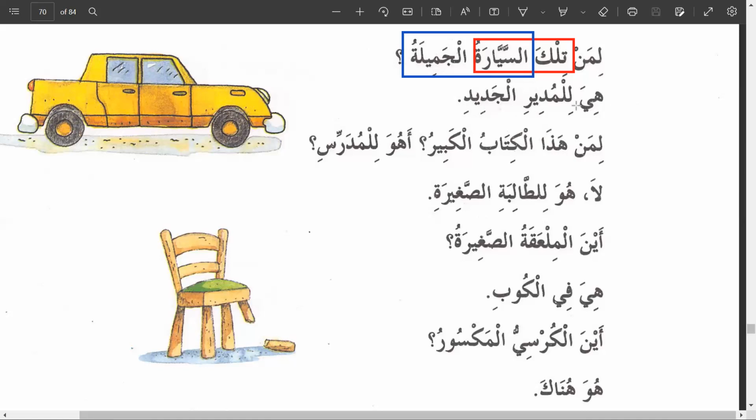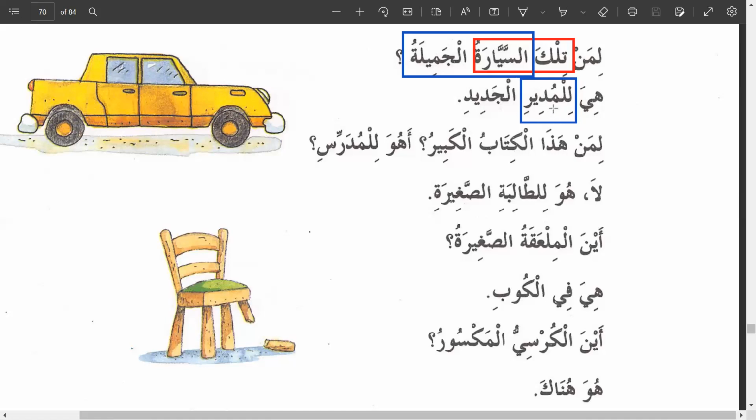Yeah, but what about this li? What was the question? Liman, for whom? So the answer would be? Oh, it's harf jar. Yes, li is harf jar. Lil mudir: this is for the principal who is new.